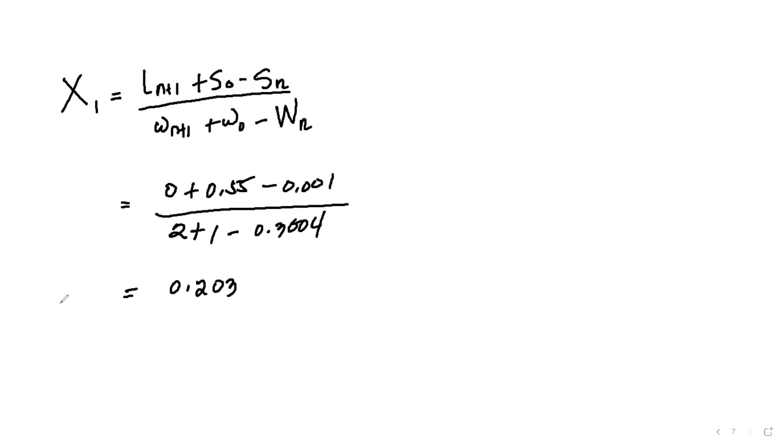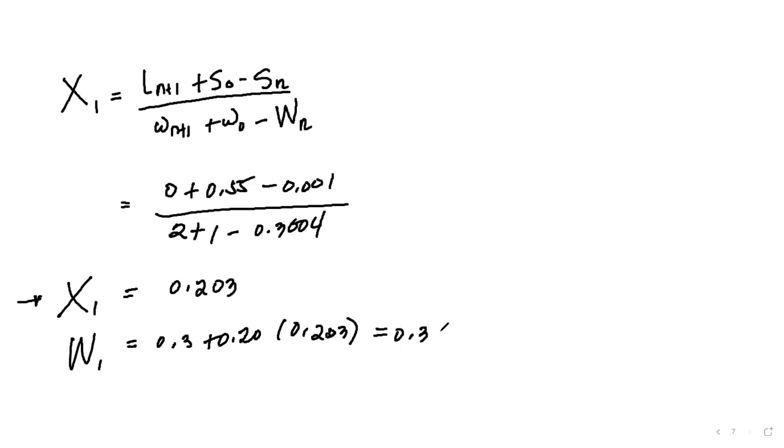Now that you have the X sub 1, I'll place an arrow there. You can solve for the S sub 1 knowing the W sub 1. So we'll first determine the W sub 1. So your W sub 1 will be 0.3 plus 0.2 times this, 0.203. And this would be your 0.3406.